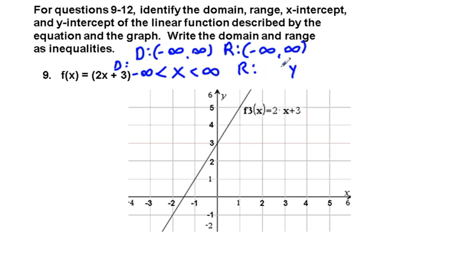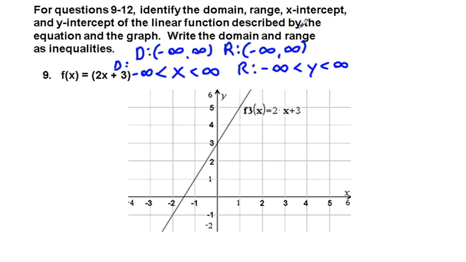So y is going to be greater than negative infinity, but less than infinity.